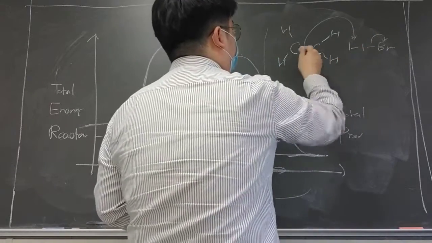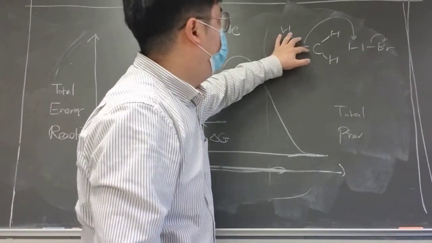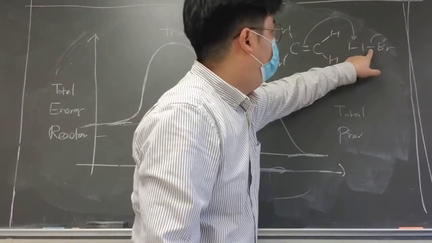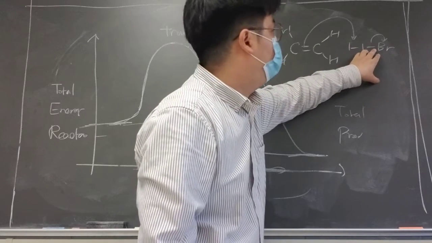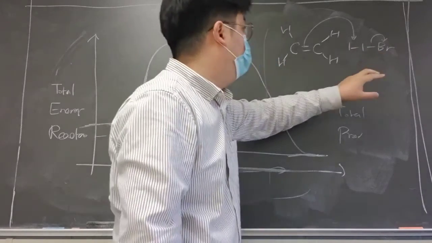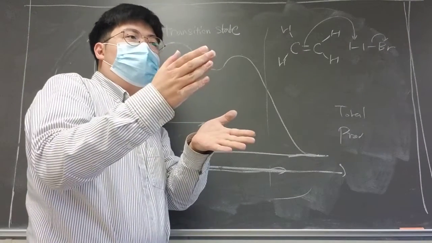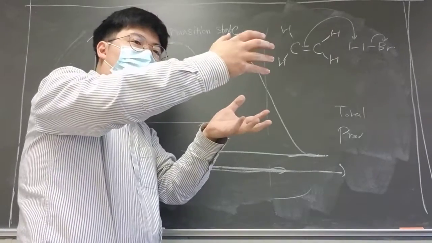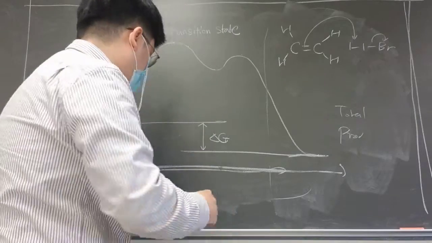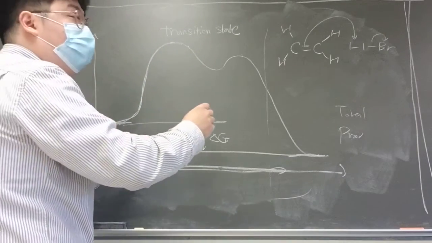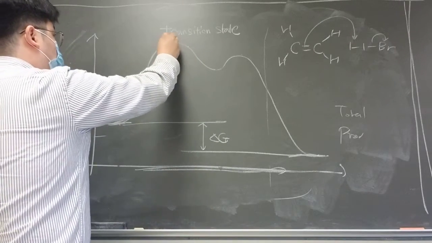So whenever they try to break the double bond and make a new bond to the hydrogen, they will also break the bond in here to move on to the bromine here. So you can imagine it's halfway done for each, semi-breaking, semi-forming kind of thing. So this is not yet done, but in a transition state. So we call this the transition state.